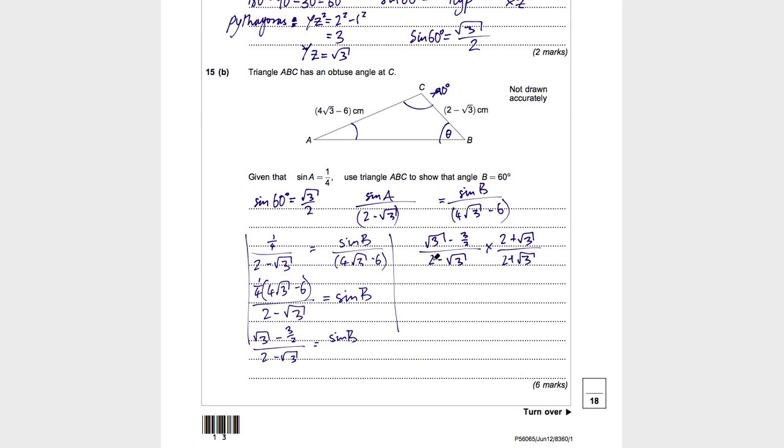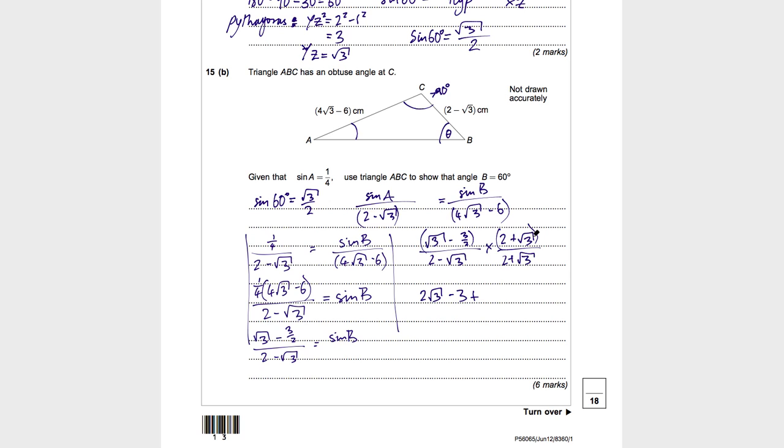That's going to give me, on the top, 2√3 minus 3/2 times 2 is minus 3, plus 2 minus 3/2 times by √3.